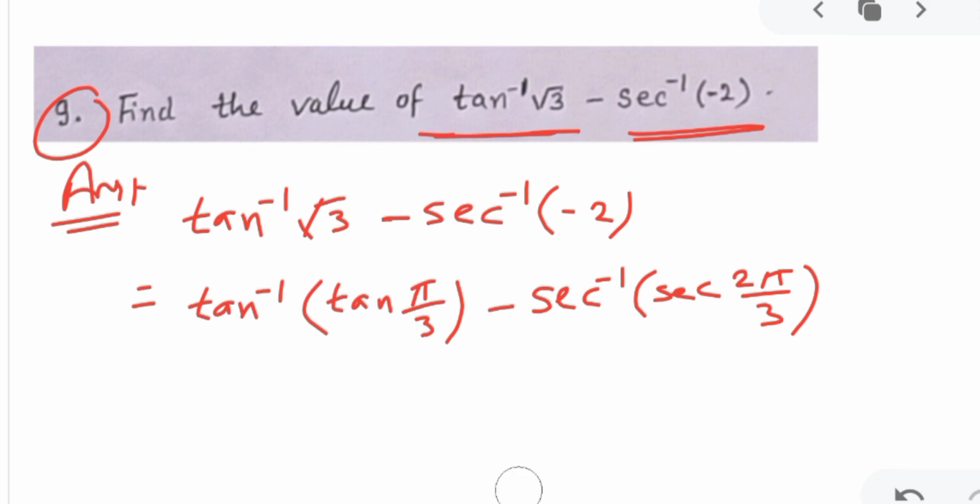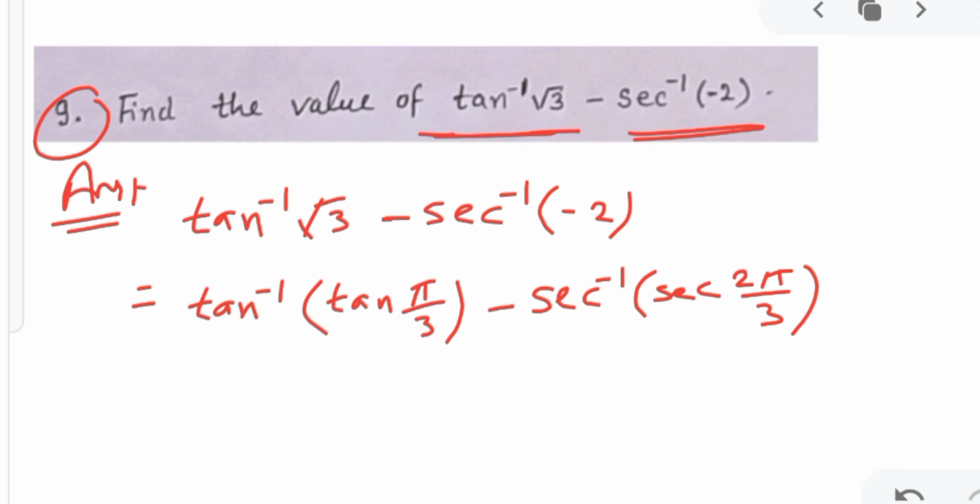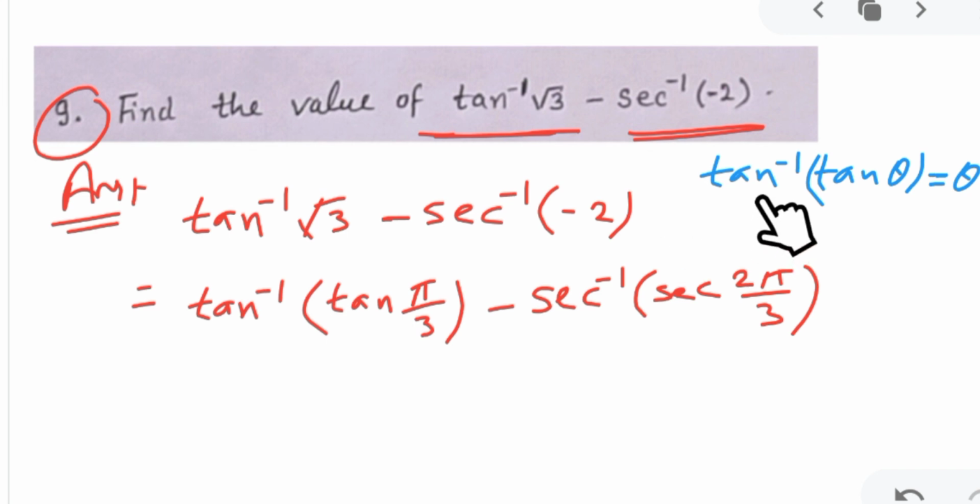Now you can use the concept directly, that will be easy. What is the concept? Tan inverse tan theta, I can write directly theta. Tan inverse tan will go and you can write directly theta.